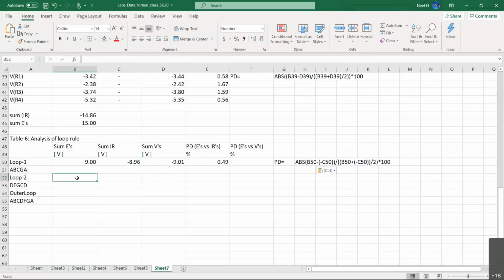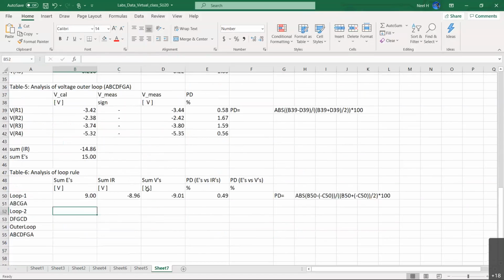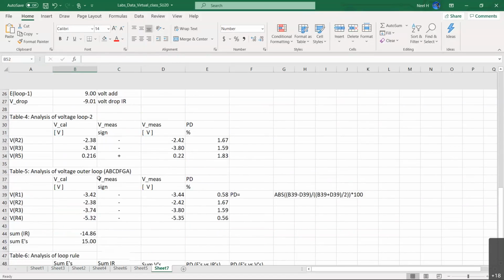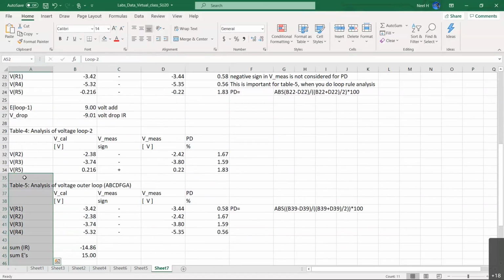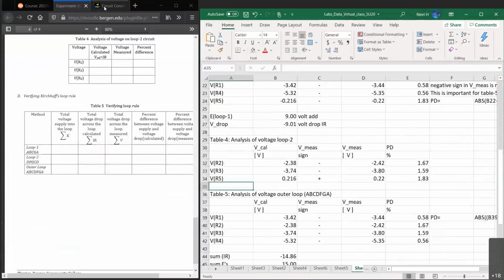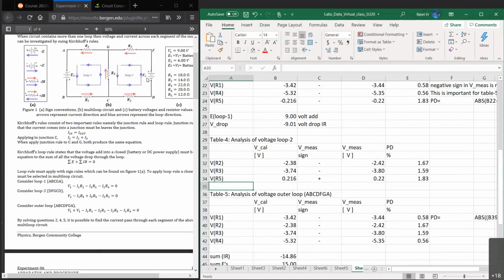So let's do loop number 2. Loop number 2 results are in table number 4. So I need all the potential added into this loop. All the potential added is actually only one battery in there, right? Let us go back and take a look. Loop number 2 has only this battery, that is 6 volt, right?